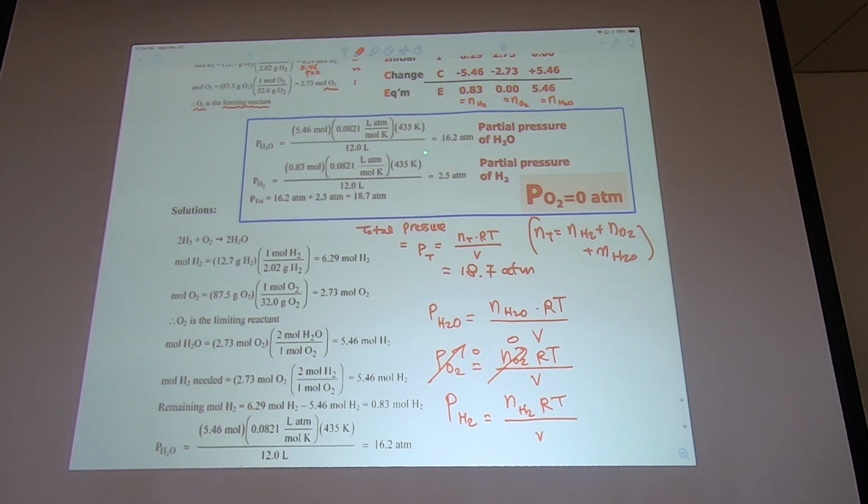I can get my N values up there, which is 0.8, plug it in and calculate the numbers. This is what they did for water, and this is for the hydrogen. And as far as the oxygen is concerned, this is 0. If you add them together, that's the total pressure. If you just calculate N total in the beginning, you'll get the number right away because N total is just 5.46 plus 0.8.